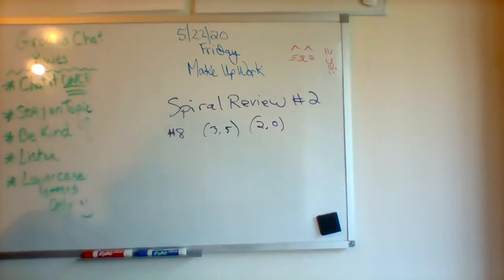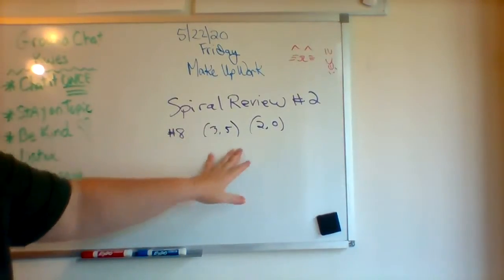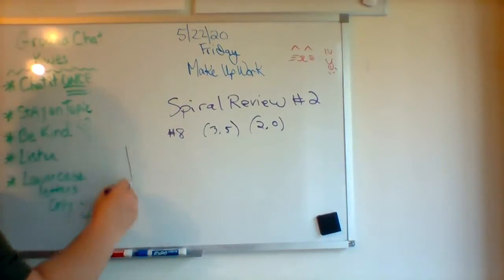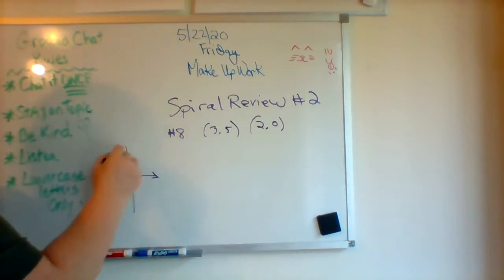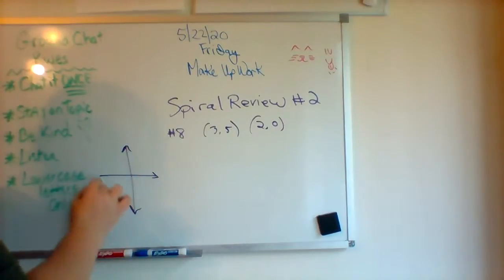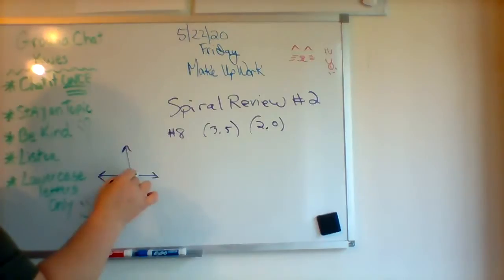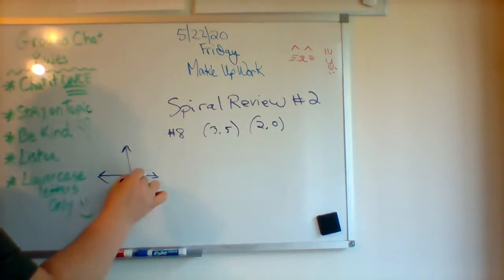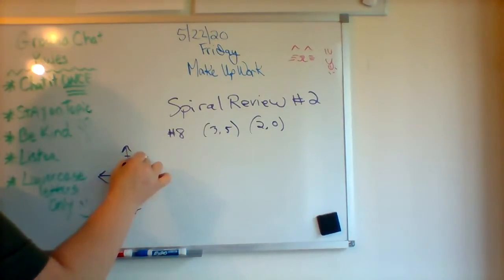So right now, we don't know if this is a positive or a negative slope, right? Because we're just looking at a bunch of numbers. We're looking at 2 points. But let's pretend that if I plotted those 2 points, 2, 0 would be right there. And then 3, 5 would be 1, 2, 3, 4, 5. It would be something like right here.